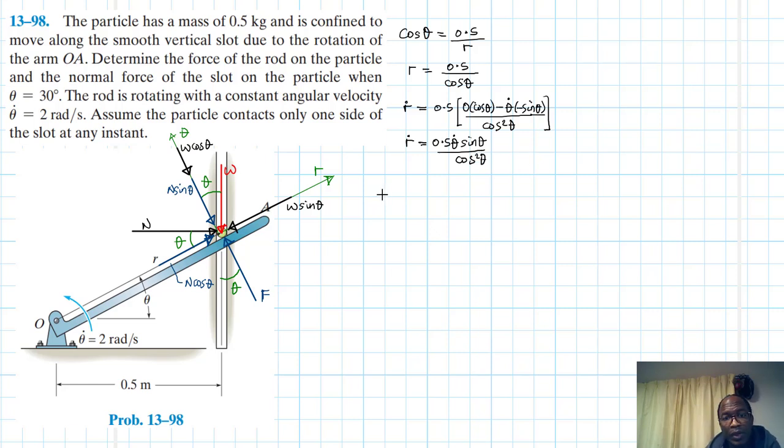Then r double dot. Here we use the product rule. We have three functions: theta dot, sine theta, and one over cos squared theta. We work out the derivative of one, then hold the other ones constant. So we have theta double dot, then we leave the rest constant.